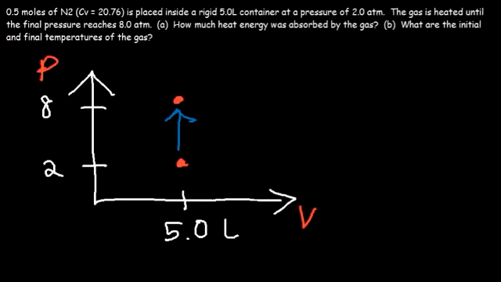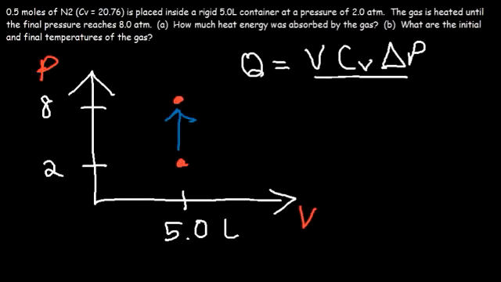So how can we calculate how much heat energy will be absorbed by the gas? Particularly in terms of pressure and volume. An equation that you can use is this one. Q is equal to V times Cv times delta P divided by R. The volume is 5 liters.